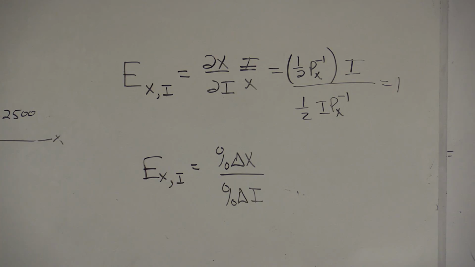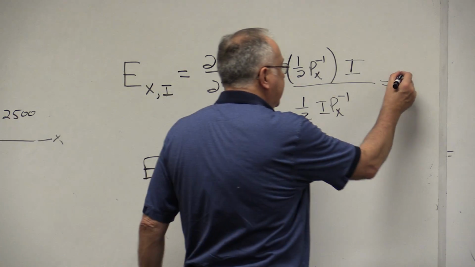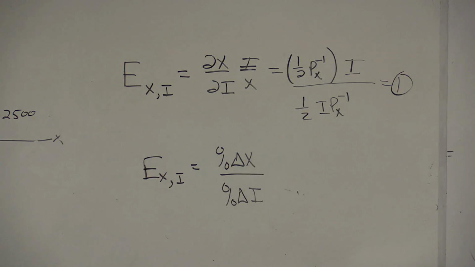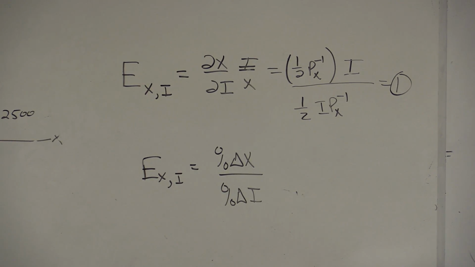Okay. So, if my income elasticity demand for good X is 1, what does that mean? As your income increases by 1%, your consumption of X will increase by 1%. Exactly right. If my income were to increase by 1%, consumption of good X would also increase by the same percentage, 1 to 1.